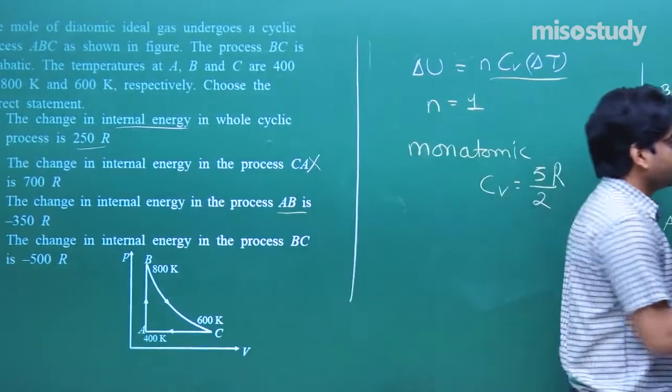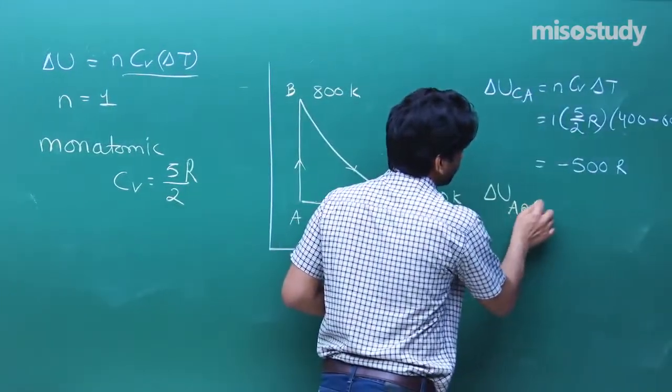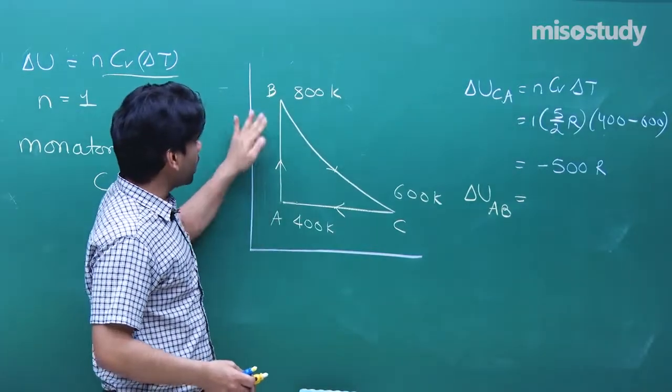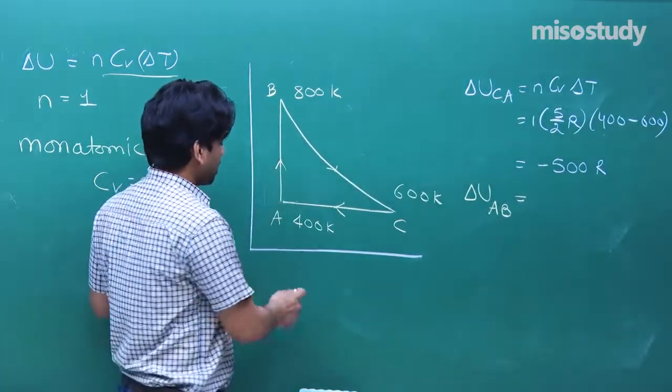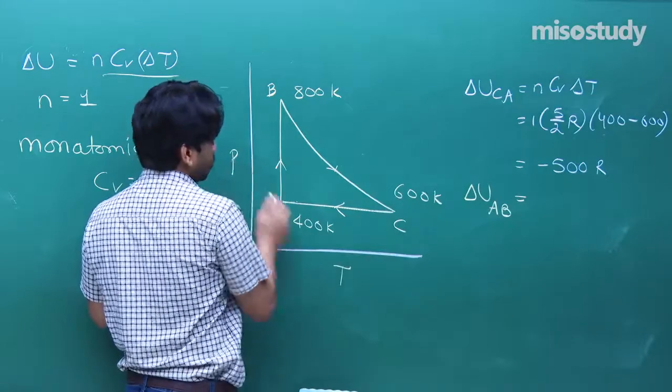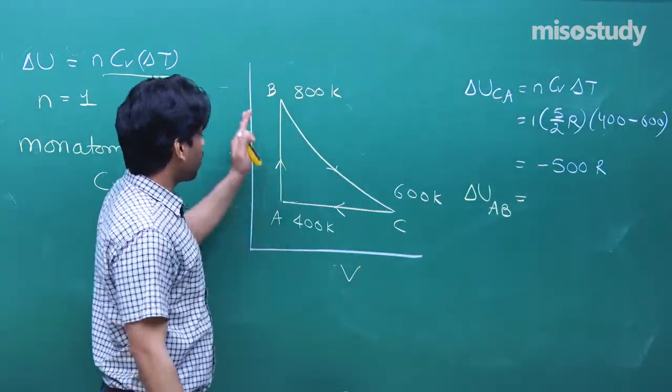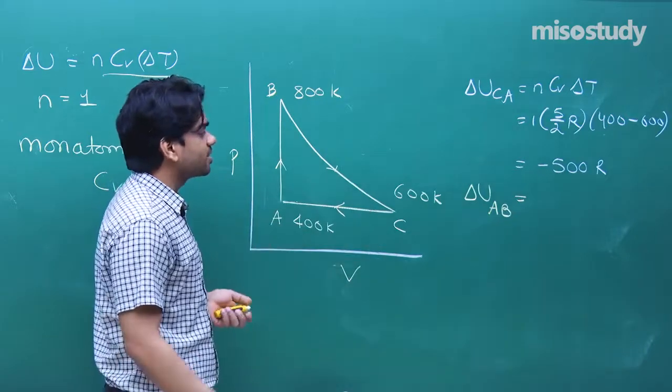In the process AB, delta U AB, you are going from 400 to 800. The process is taking place at constant volume. Here it was constant pressure at this end.